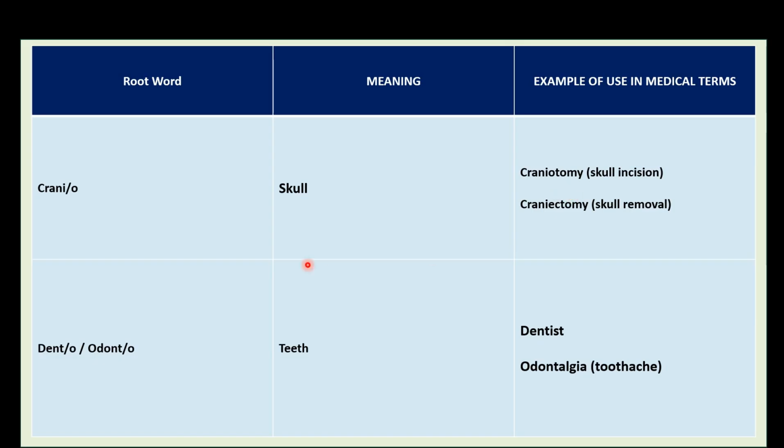Now we will move to the next root word, which is quite popular because you might have heard this terminology on a regular basis, that is dent, dento, odont or odonto, which is related to teeth. A doctor of tooth treatment is popularly known as a dentist. I'm sure most of you already know the meaning of dentist, right?